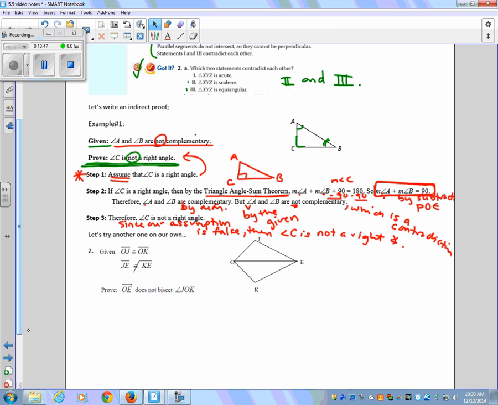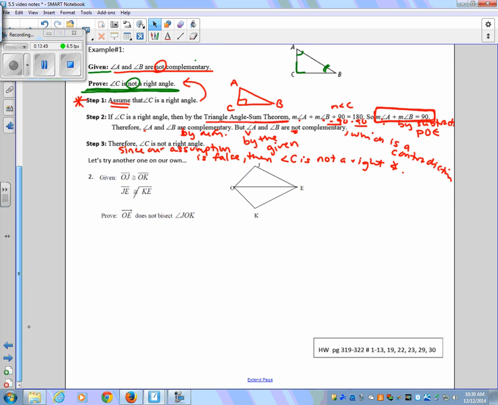Okay. That one was from the book, and it's really not that well written, unfortunately. Let's write one of our own, and we'll write it a little bit better. A little better explanation is actually necessary here.